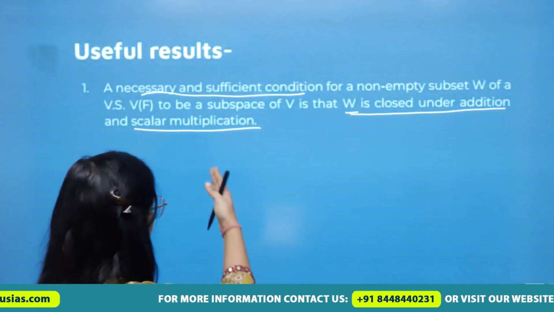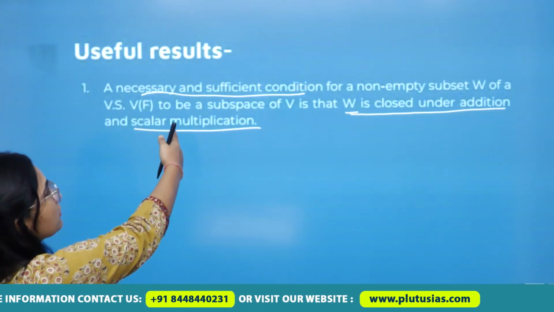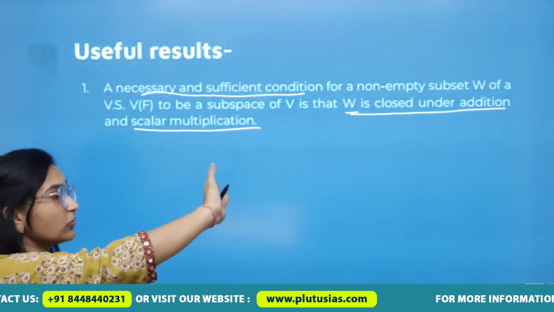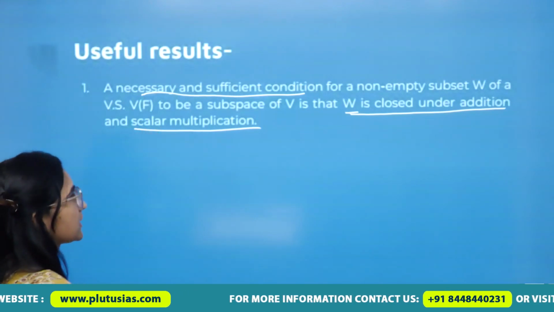In this case, on one side we are given that V is a vector space and W is a subspace of V, and on the other side it is said that W is closed under addition and scalar multiplication.